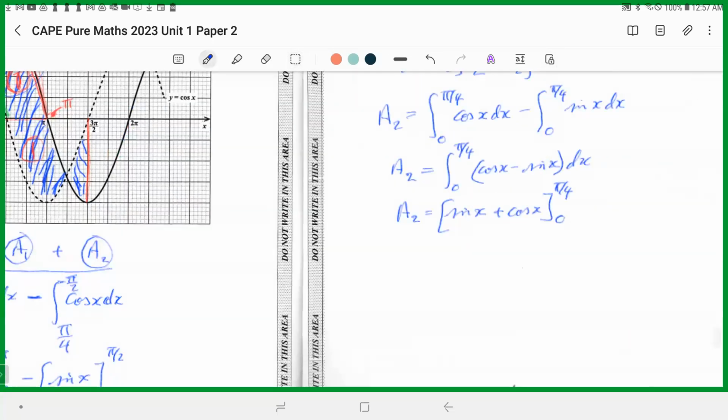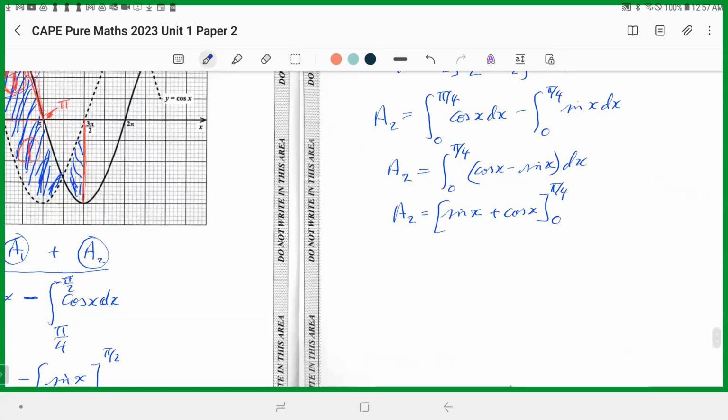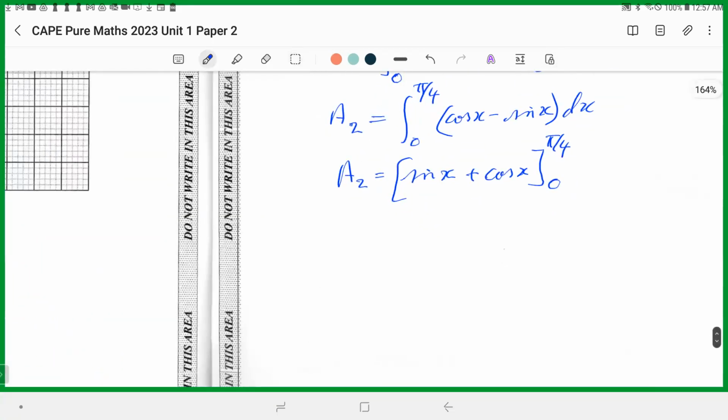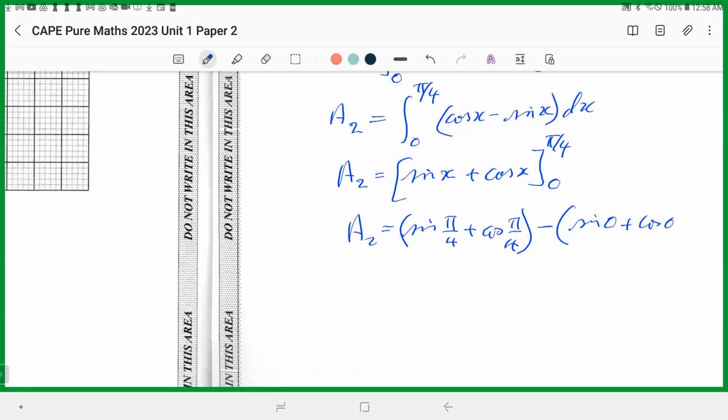Alright, so ready now. Plugging in pi by 4 and 0, we're going to get area 2 equals sine of pi by 4 plus cos of pi by 4, minus, plugging in the 0 now, sine of 0 plus cos of 0.